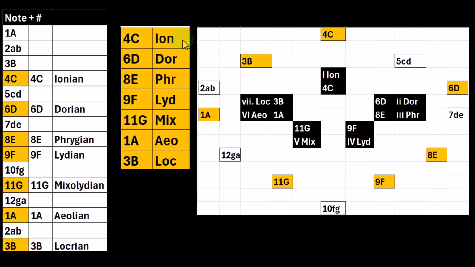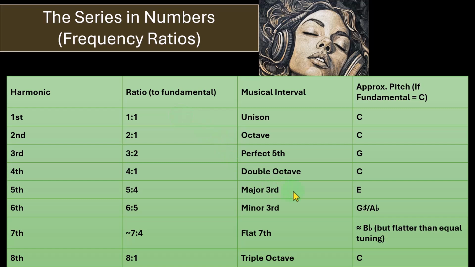It not only happens in the Ionian mode, but when you play on other roots, the Lydian and the Mixolydian, which is the 1, 4, 5, the 3 major modes that you could build chords from, also have a major third in it. But then something interesting happens: this one has a minor third. So that's weird. The harmonic series isn't just geared towards the major scale, because the defining factor between the major and the minor is the third.